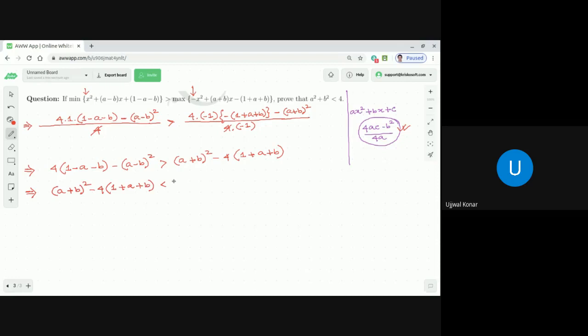But this expression is definitely less than (a plus b) whole square, correct? And that expression is definitely less than 4 into 1 minus a minus b minus (a minus b) whole square.